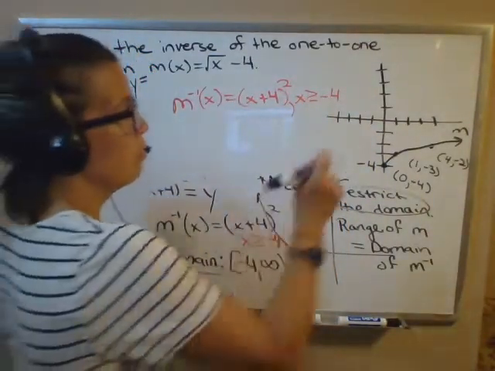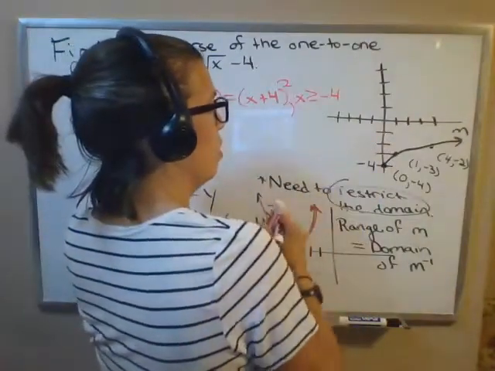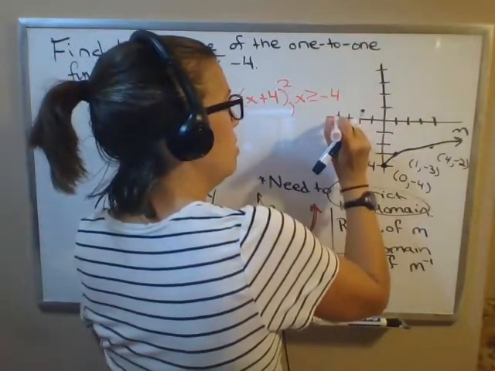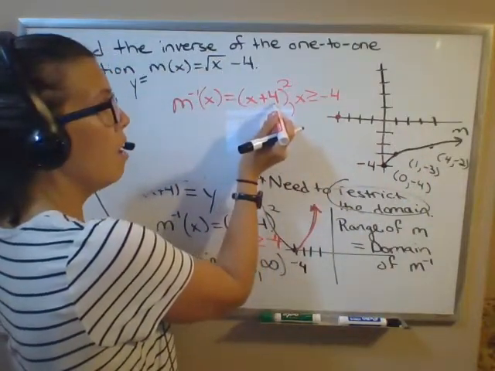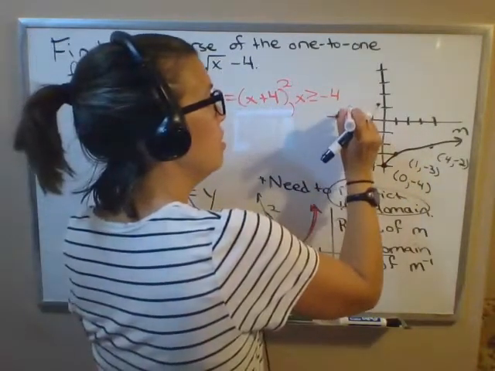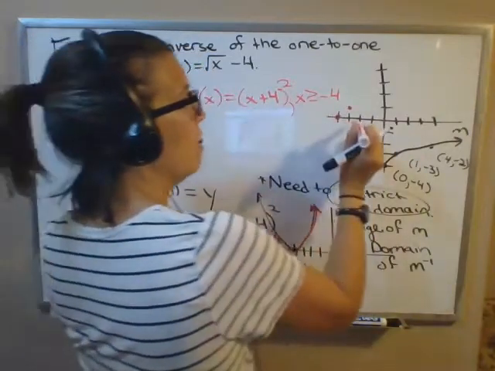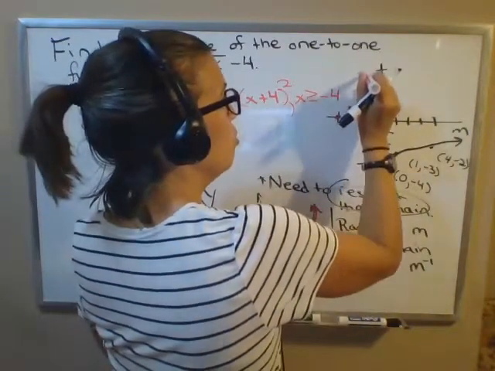Which, by the way, I want to graph this real quick. So it's got a vertex right here. If I want to plot some specific points, if I plug in -3, I'll have 1 squared, which is 1. If I plug in -2, I'll have 2 squared, which is 4.